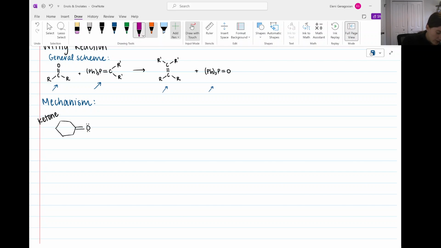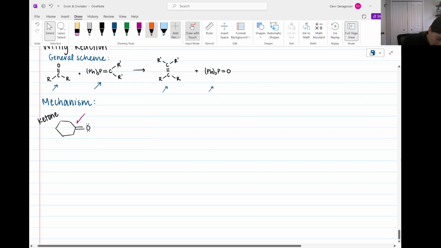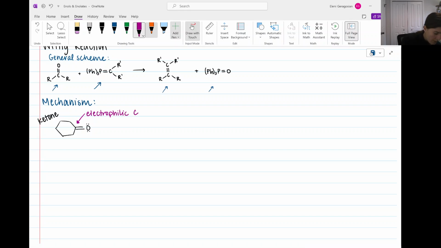Remember, when we have a ketone, we have an electrophilic site that is this carbon here. And then in the ylide, it's more clear to see this when we draw the carbanion form of the ylide, so carbon with a negative charge. We'll say it's bonded to 2 hydrogens and a positive phosphorus with 3 phenyl rings.